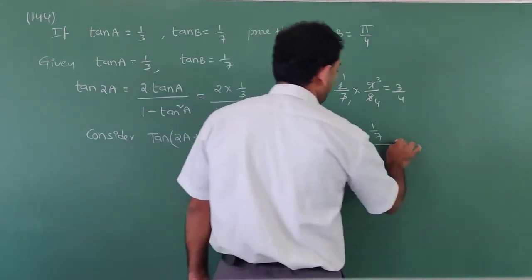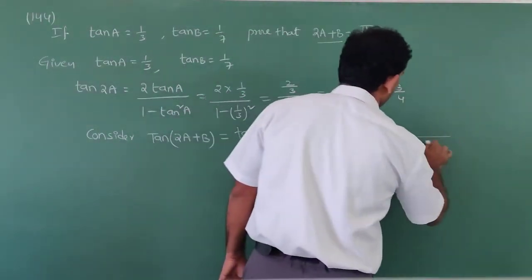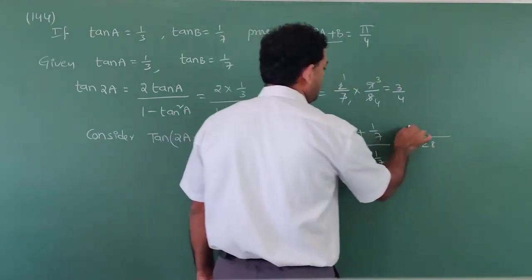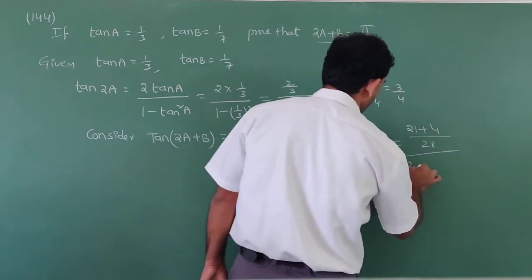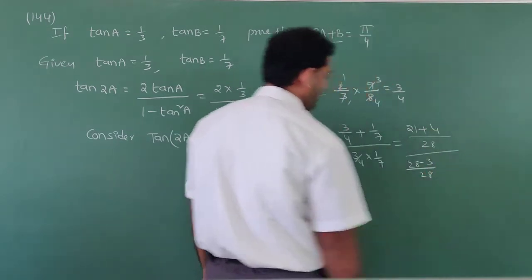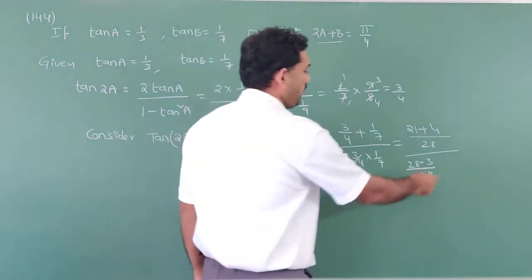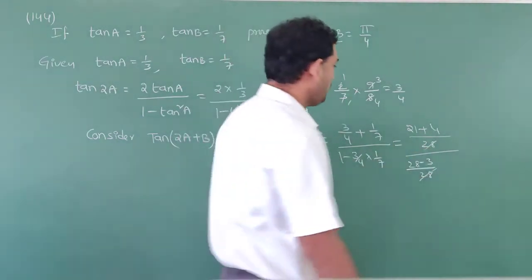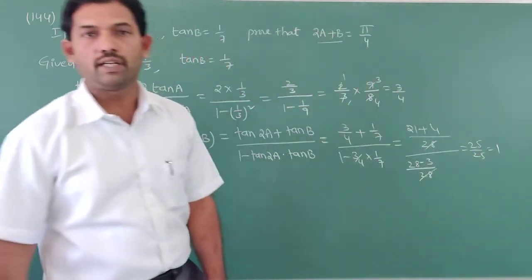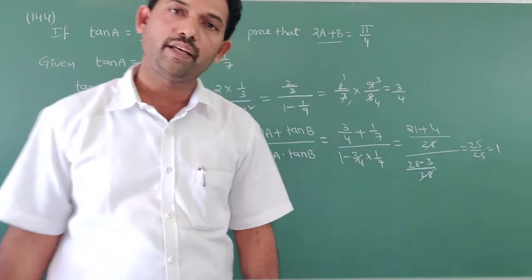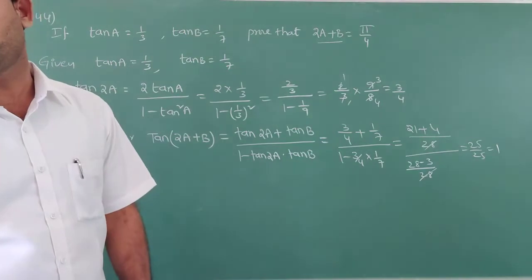Then simplify this. 4 into 7 is 28. 3 into 7 is 21, plus 4 into 1 is 4, so 21 plus 4 is 25. In the denominator, LCM 28, 28 minus 3 is 25. The 28s cancel, so 25 by 25 is equal to 1.